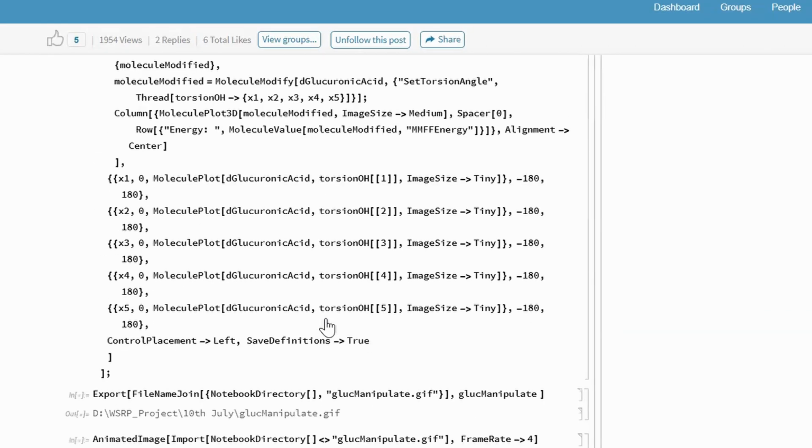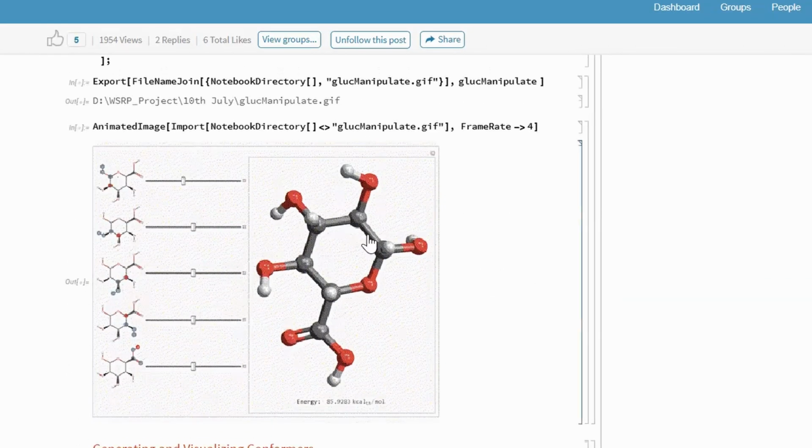We're using these torsion angle rotations. As you can see over here, this is a Manipulate function, and this is an image of a Manipulate function. When these bars are manipulated, you can see these dihedral angles, these torsion angles in the hydroxyl groups moving around.